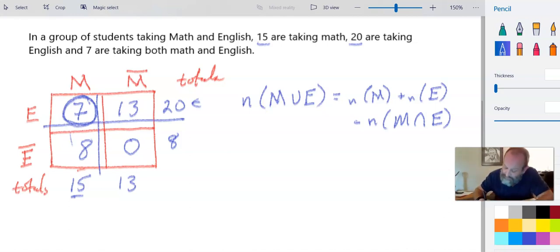So the full formula here for the number of things would be 15, which is the number of people taking math, plus 20, which is the number of people taking English, but I want to subtract out the number of people taking both, right? 15 and 20 is 35, minus 7 is 28.